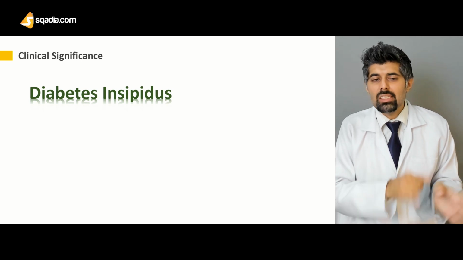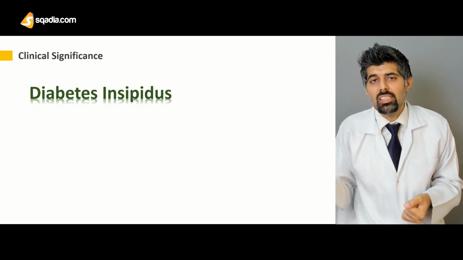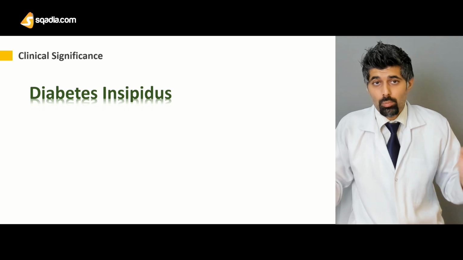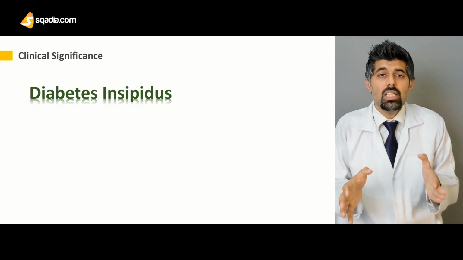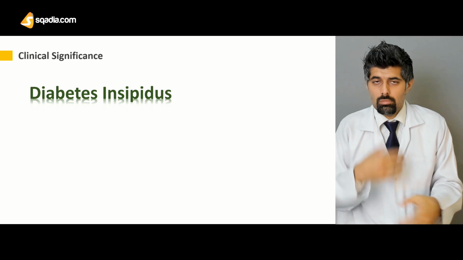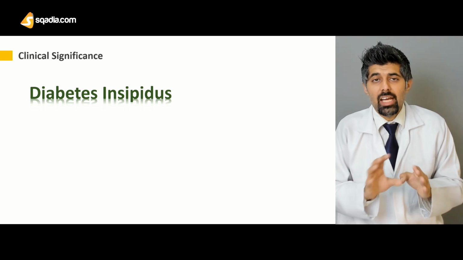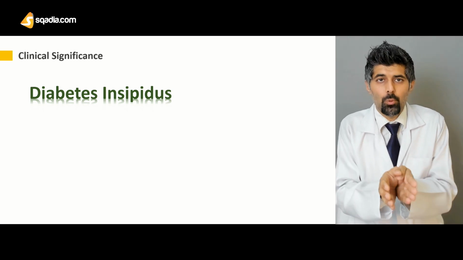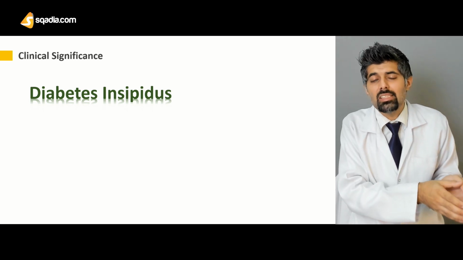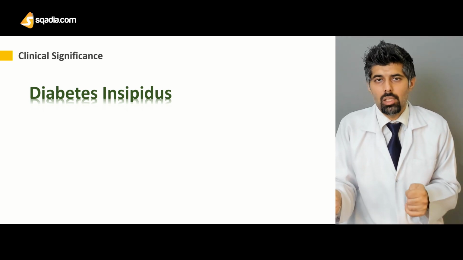Because of this it is called diabetes insipidus, even though both the pathology and the symptomology have nothing to do with each other in the two conditions, diabetes insipidus and diabetes mellitus.